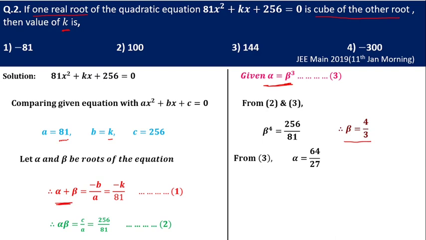So alpha is 64 upon 27, beta is 4 upon 3, so the addition of them is equal to minus k upon 81. Now we have to simplify this. If I multiply throughout by 81, the value of k is minus 300. So the correct option is option number 4.